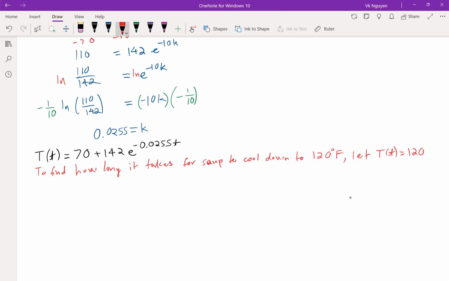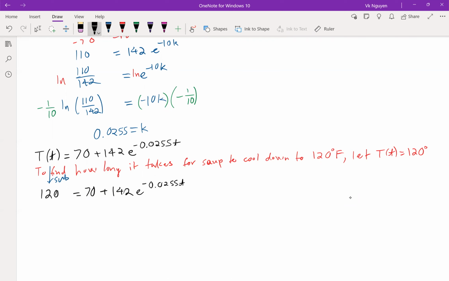So we're gonna do the substitution. 120 equals 70 plus 142 e to the negative 0.0255t. Now we have an exponential equation. We can solve for t.